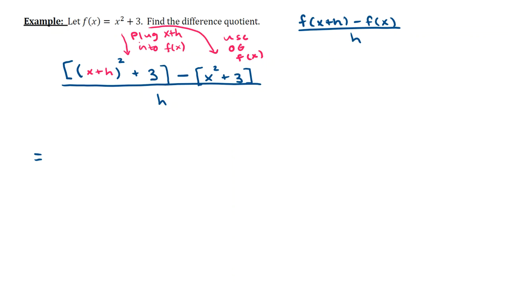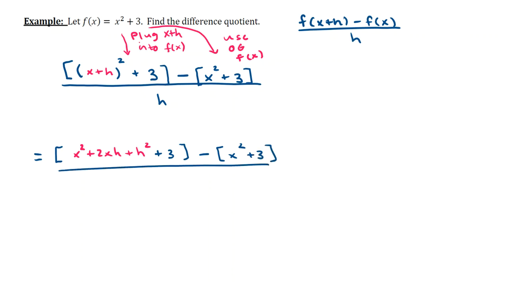Alright, so in the first set of brackets, you're going to FOIL x plus h, so x plus h times itself. That should give you x squared plus 2xh plus h squared, but don't forget there's still that plus 3. And then here's the original function again, minus quantity x squared plus 3 all over h.